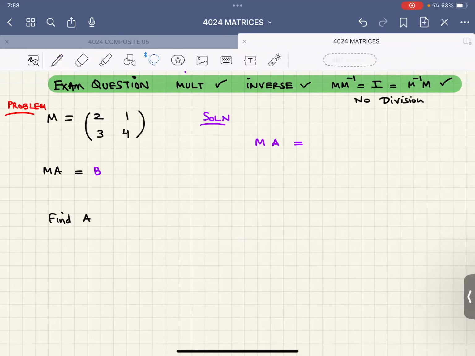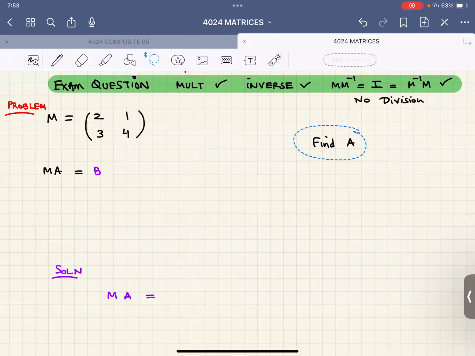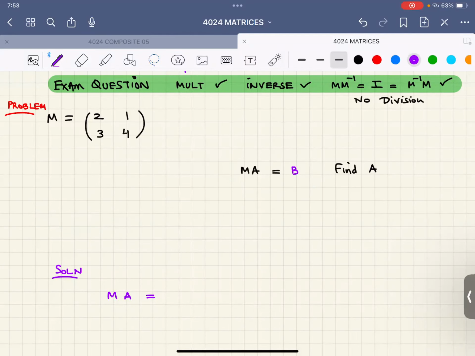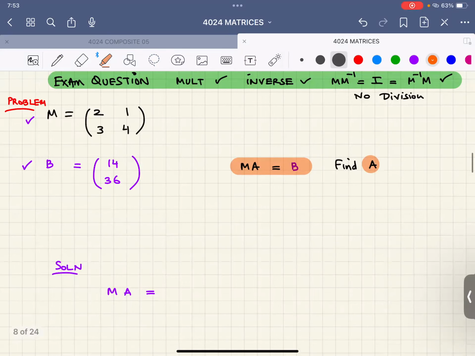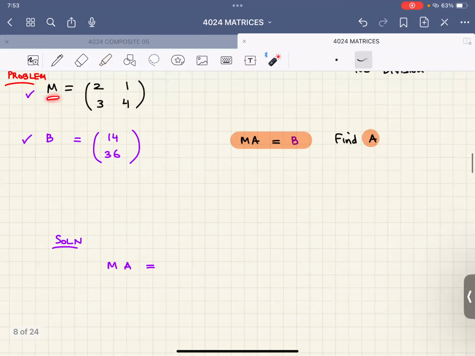And B is given. And we are given B as 14 and 36. This equation is given. MA equals to B. Find A. Because M is given. B is given. We are interested in A.